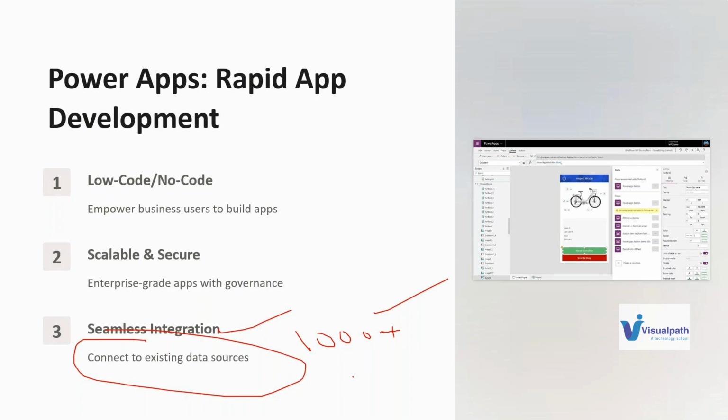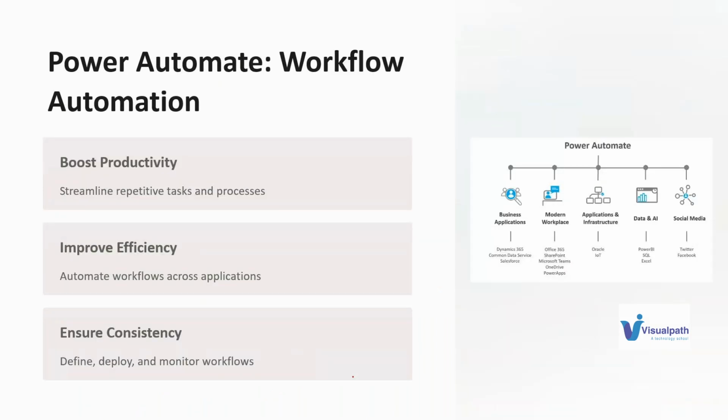Now let's go to Power Automate. Power Automate is used to automate any work. Suppose early in the morning you wake up, and at 7 a.m. you come and open this class.